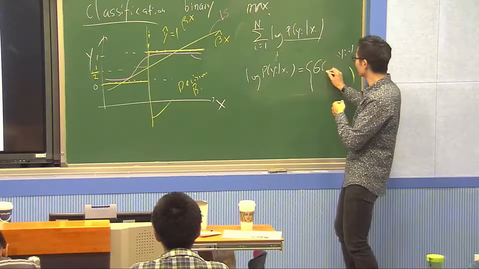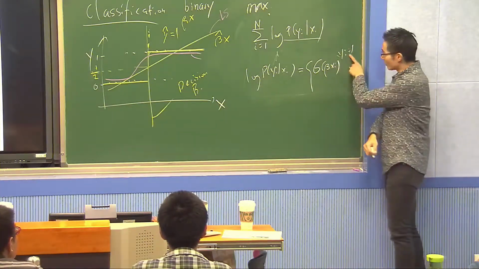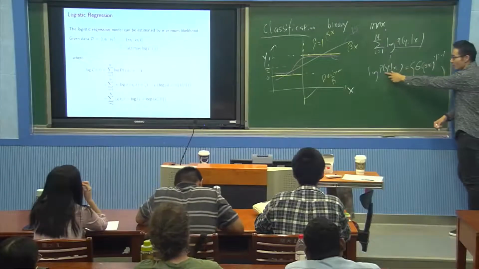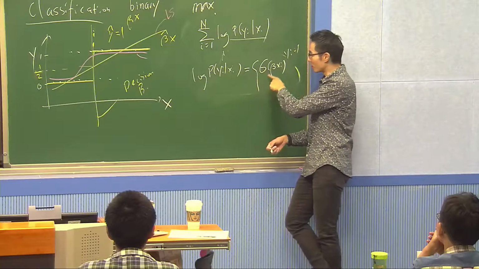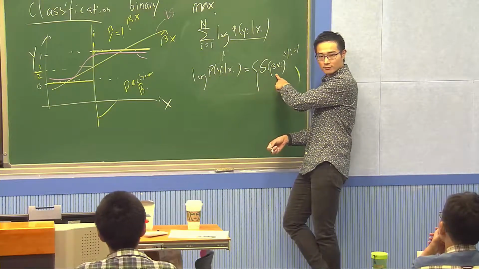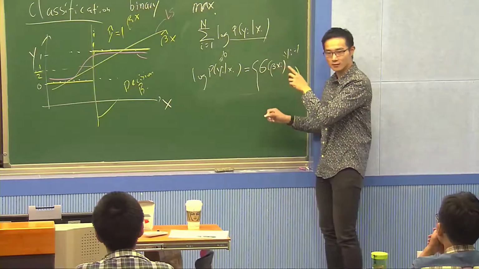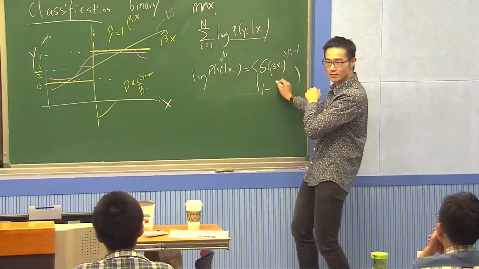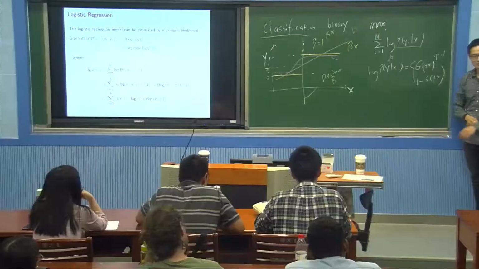Sigmoid beta xi. If y equals 1, then this is the probability of y equal to 1 conditional on x, which using the logistic model is simply sigmoid beta x. Now, if y equal to 0, what is this probability? 1 minus sigmoid beta xi.